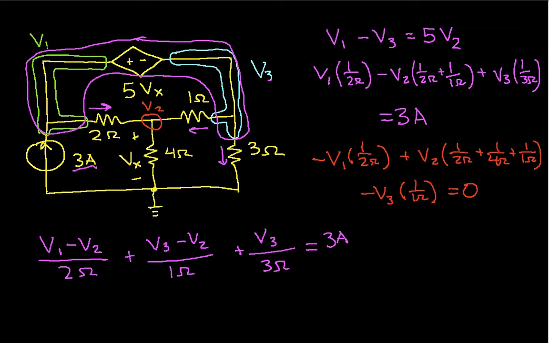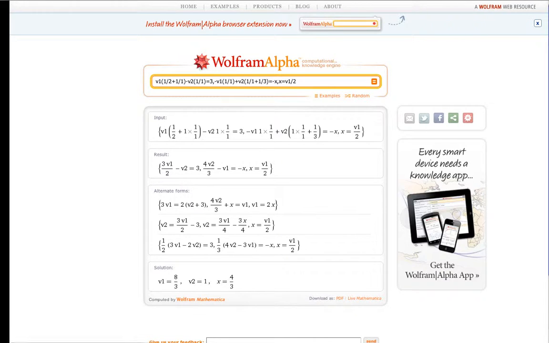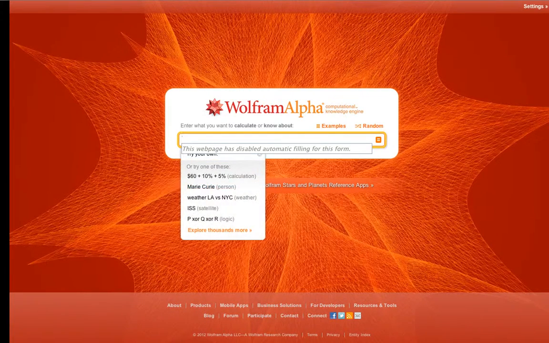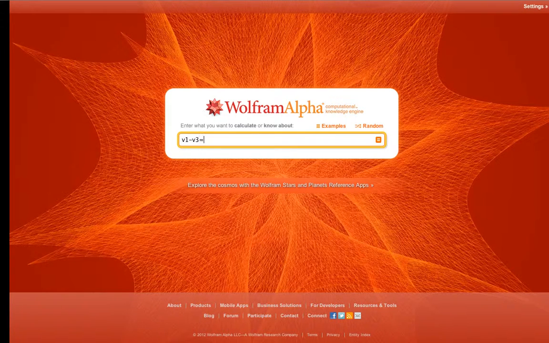Okay, so I think we actually have everything we need to be able to plug this into our favorite equation solver, which again right now for me is Wolfram Alpha. So let's go to Wolfram Alpha, bring up a clean window with this really funny looking red pattern, and type in our equations. We have V1 minus V3 is equal to 5 times V2.